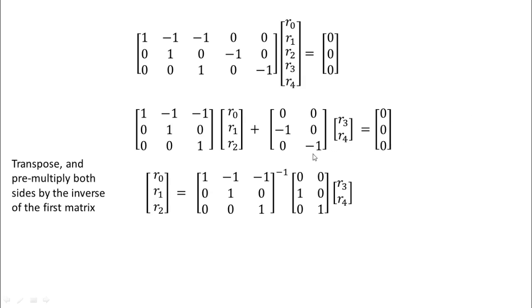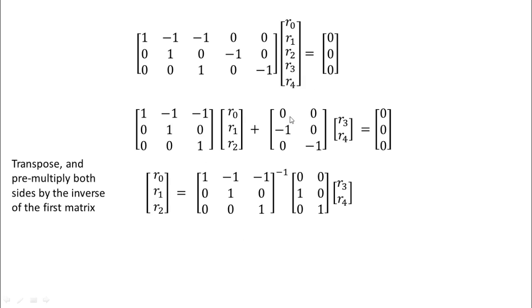We have transposed this equation, and therefore all the minus 1s become 1s, the zeros remain the same. So this equals this, that's our first step, and then we have pre-multiplied it with the inverse of this matrix, which is this. So the inverse times the matrix is a unity matrix. We are not going to represent that.